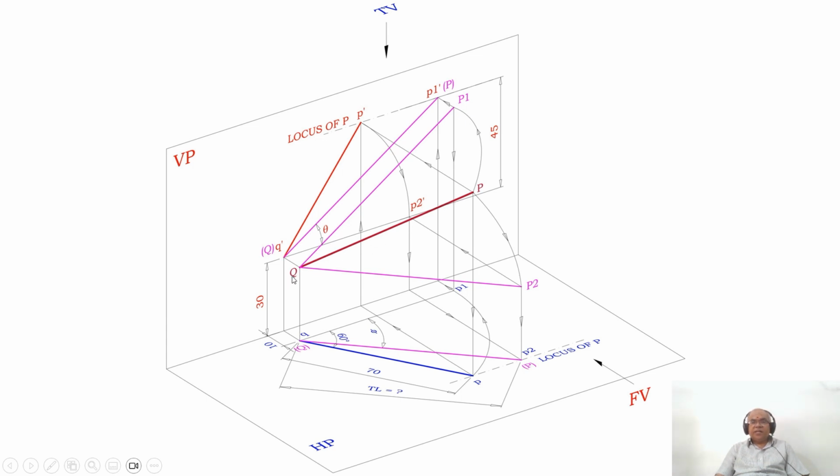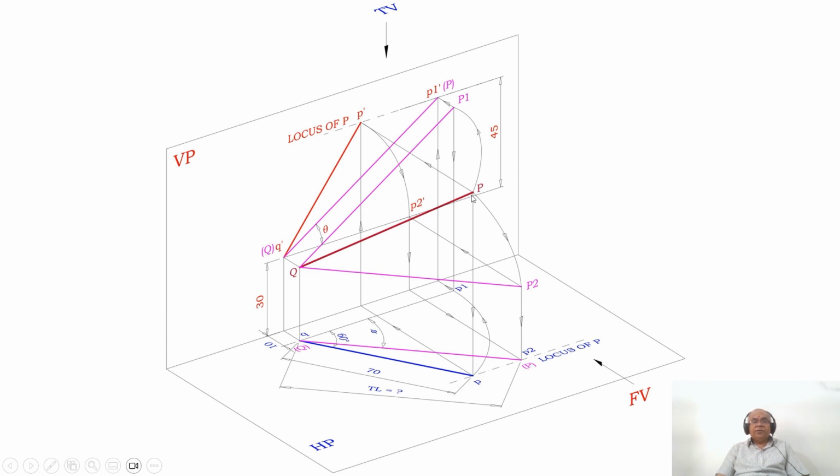With Q as center, taking the radius of QP, you rotate such that both this point P and Q are above HP by 30 mm. So actually P is above HP by this distance. What is the distance? It is going to be 75.